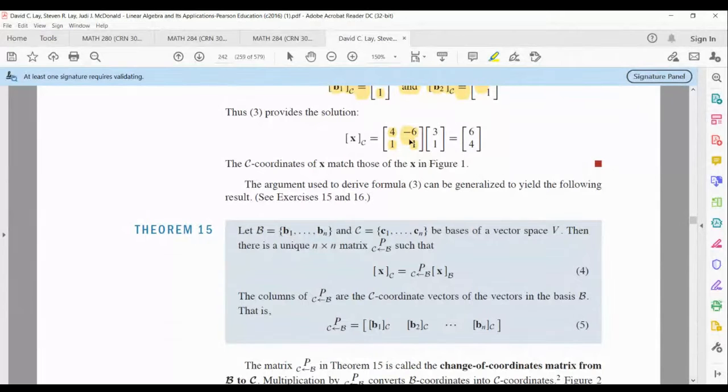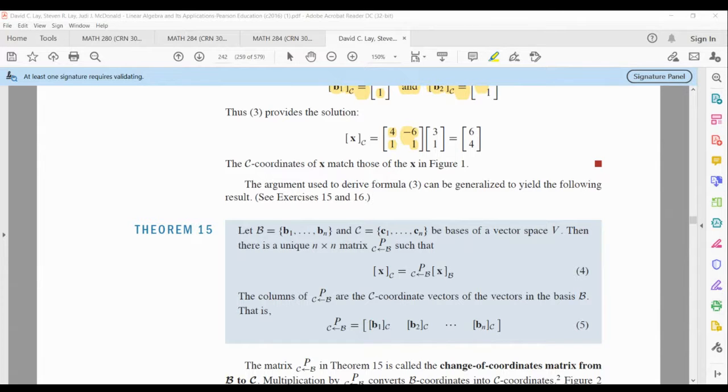That matrix, with columns (4, 1) and (-6, 1), is the change of coordinates matrix from basis B to basis C, right? You learned that back in section 4.4.